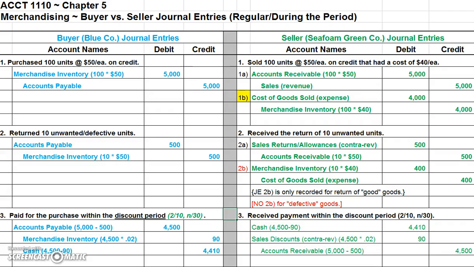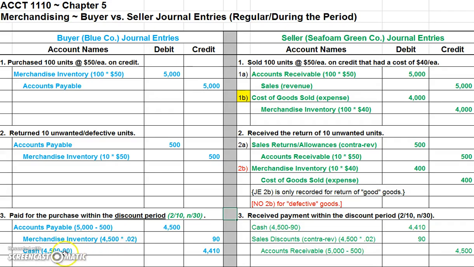So, if you noticed up above, we credited accounts payable for $5,000 and then we debited accounts payable for $500. So the accounts payable account that we are paying off right now has a $4,500 credit balance, and we're paying it off, so we would debit it for $4,500. But the credit to cash is not for $4,500 because we deserve the discount.